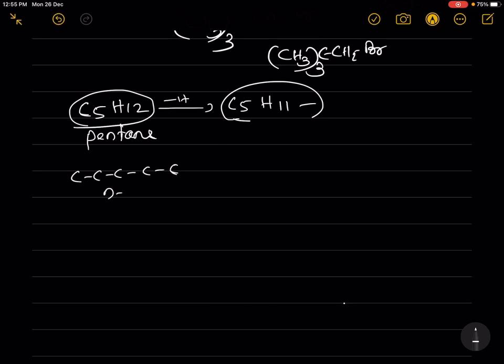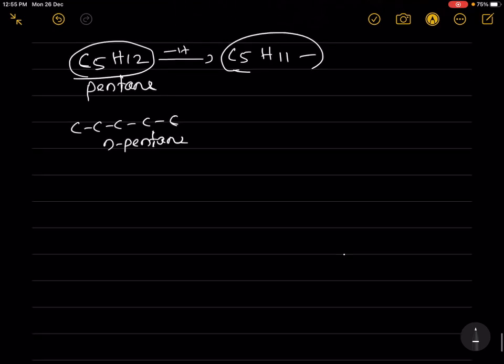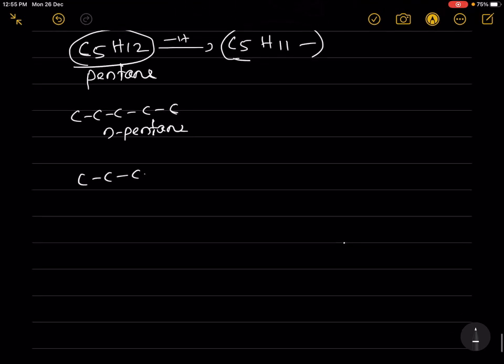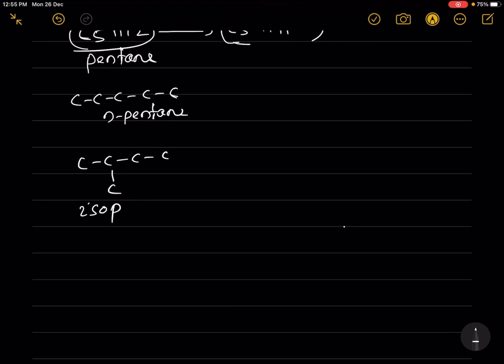N-pentane. I am not writing the hydrogen atoms, I am writing the skeleton only. N-pentane. Then one C will be removed, bonded over here: isopentane. Then 2 carbon atoms will be removed from this position, bonded to the middle carbon. That is neopentane.